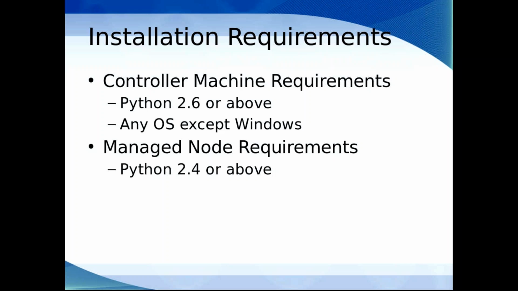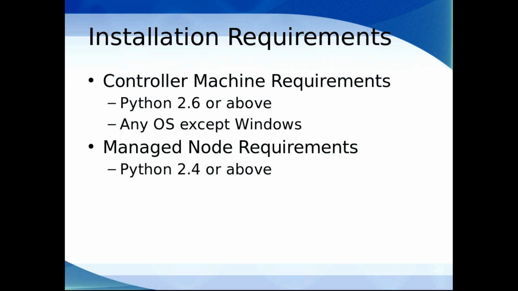Okay, controller machine and node. Remember this. The minimum requirement of a controller machine is Python 2.6 or above, and any OS except Windows. Ansible doesn't work on Windows as a controller.